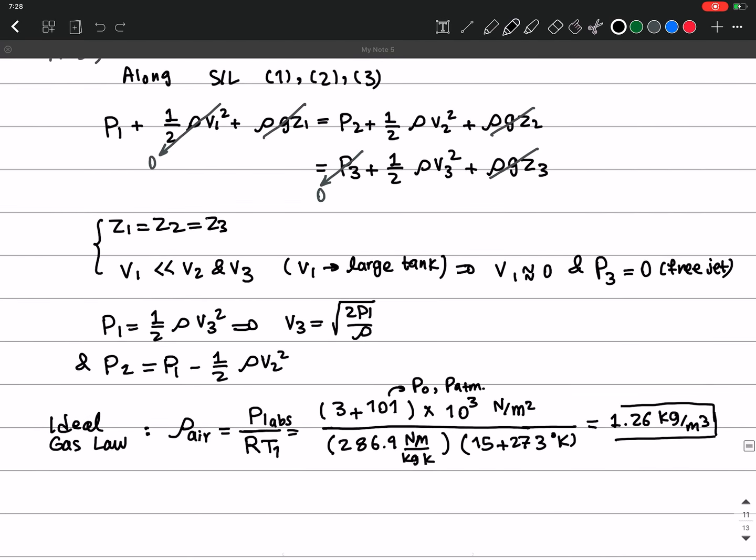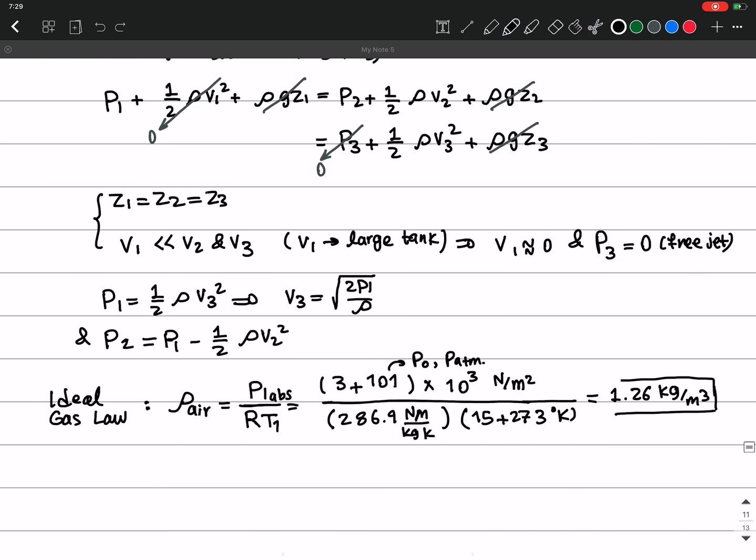Okay. So now I have almost everything, and I can get V3 from here because I have P1 and also rho. So let's plug it into our equation. V3 is going to be the square root of 2 times P1.